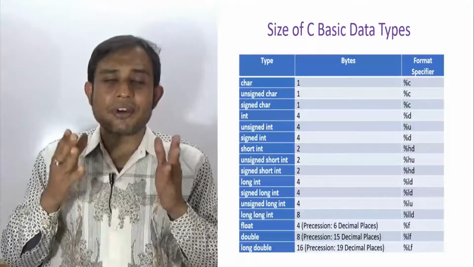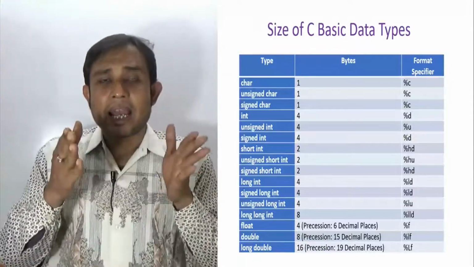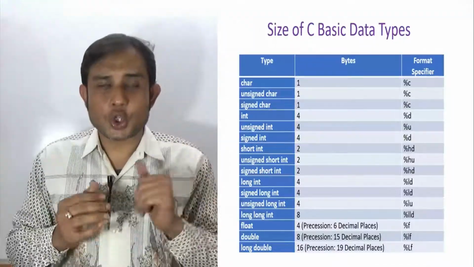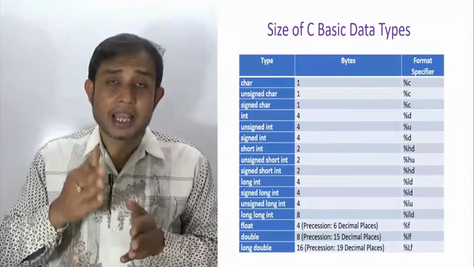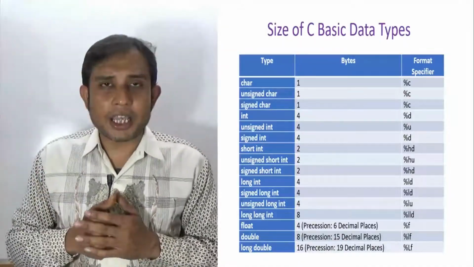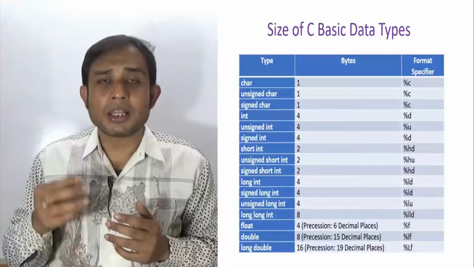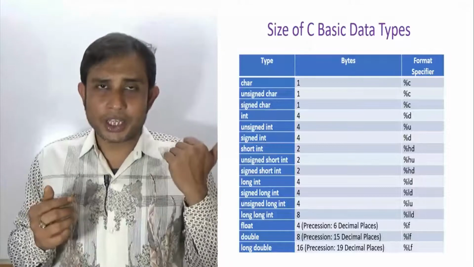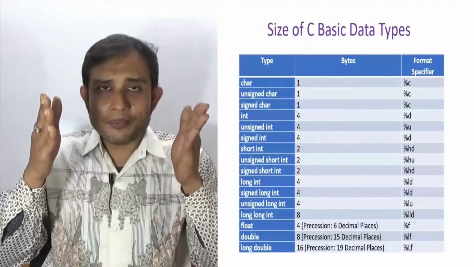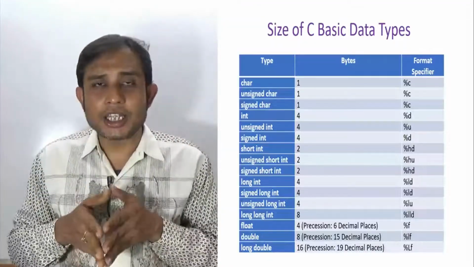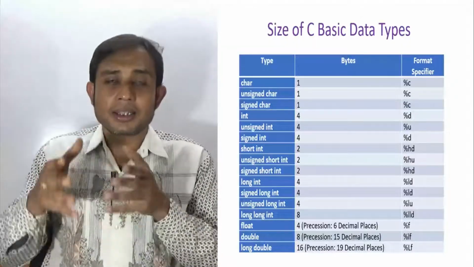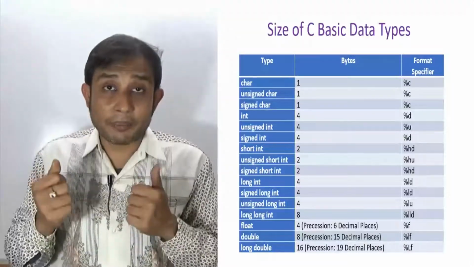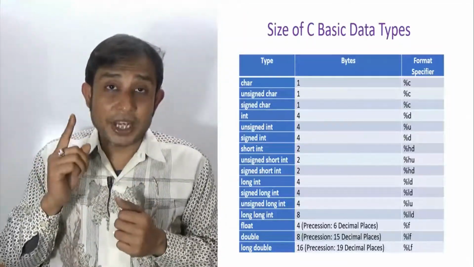You can see there are different data types available. From the integral part, they are short, int, long int, and from the floating type, they are float, double, long double. You can see in this table that the size in memory, which is denoted by bytes, where 1 byte is equal to 8 bits.